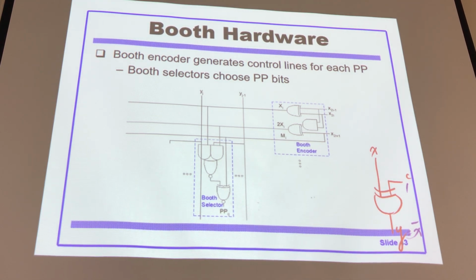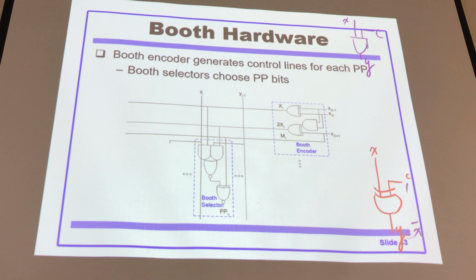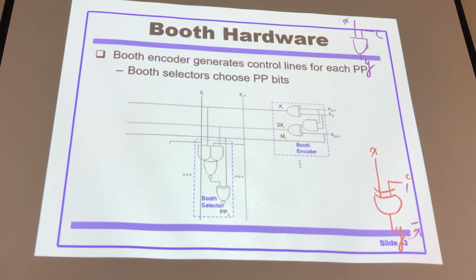How about AND gate and OR gate? AND gate. Again, this is for control. This input, this output. What is the purpose of the AND gate here? For the control.